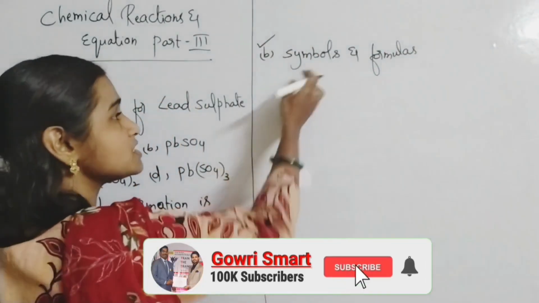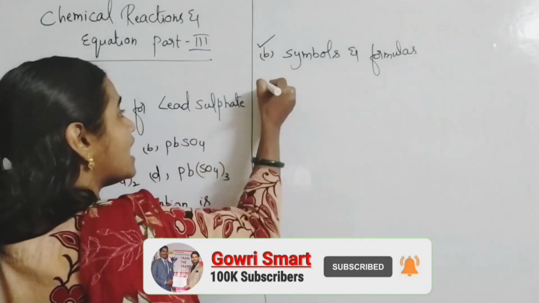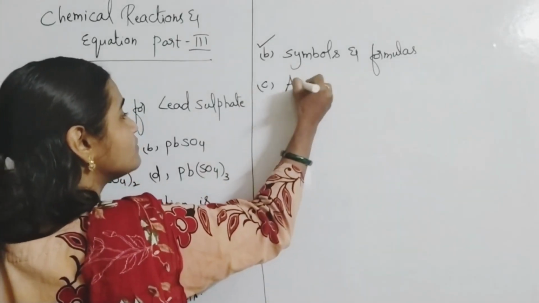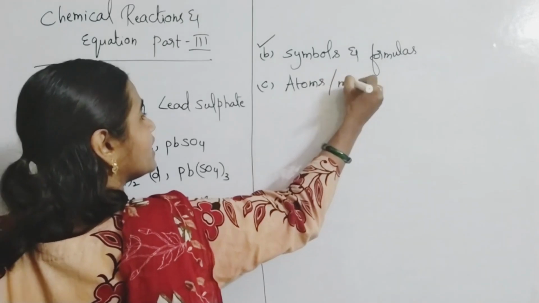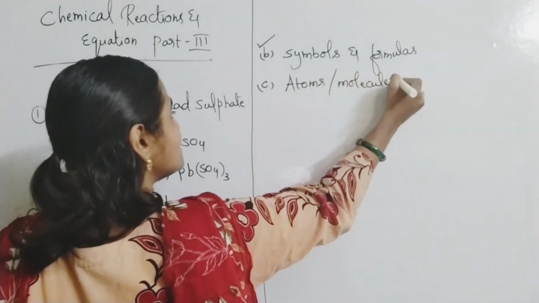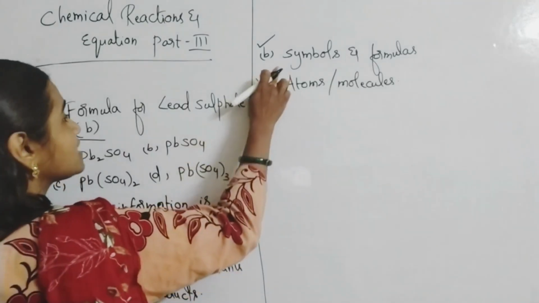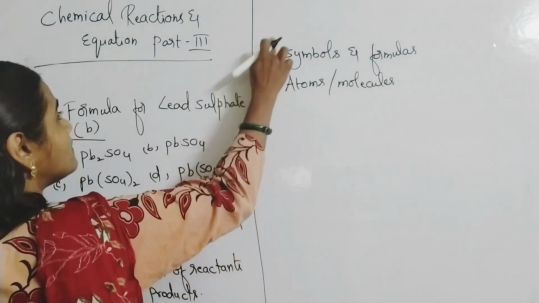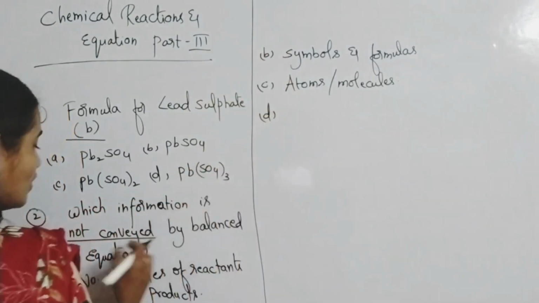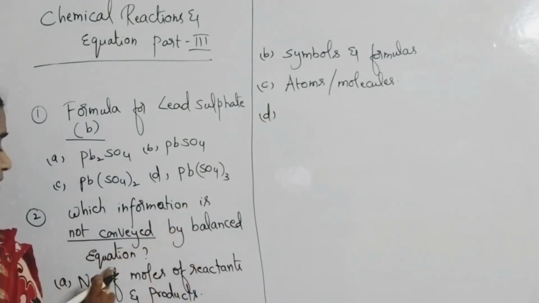So it gives information about symbols and formulas. And option C, atoms and molecules, yes, it also gives information about atoms and molecules. This is also a correct statement. But what is the wrong statement? What information is not conveyed by a balanced equation? That is the question.